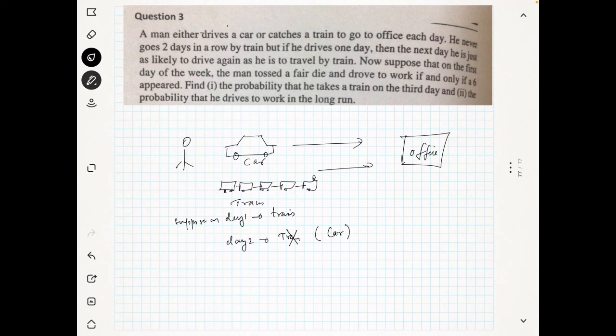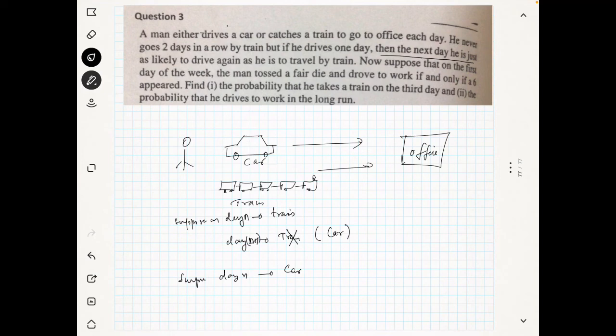Now the next part: if he drives one day, suppose on day n, this is day n and day n plus 1, you can say. On day n, suppose he drives, that means he uses his car, then the next day he is just as likely to drive again as he is to travel by train.